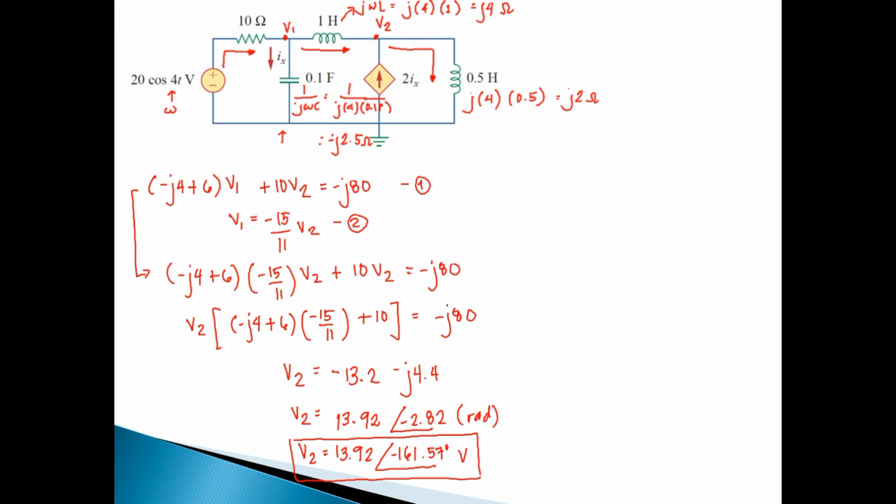You can actually store this value in your calculator so that if you get the value V1, you'll have the exact or accurate answer.